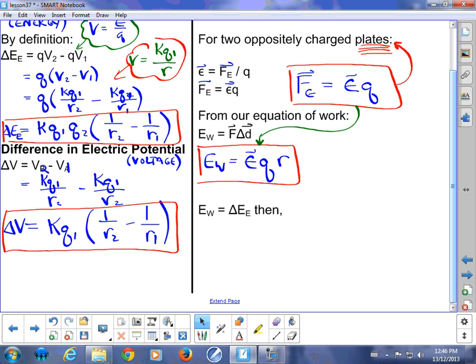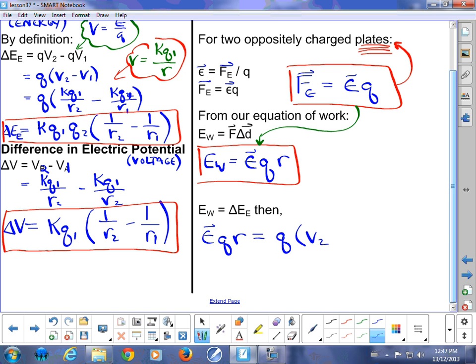So finally, if I want to know the change in energy, delta E, putting everything on the proper sides, I just said that work is going to be electric field strength multiplied by a charge multiplied by the distance, and delta E is going to be the charge multiplied by V2 minus V1. Maybe I'll add the extra step in here.